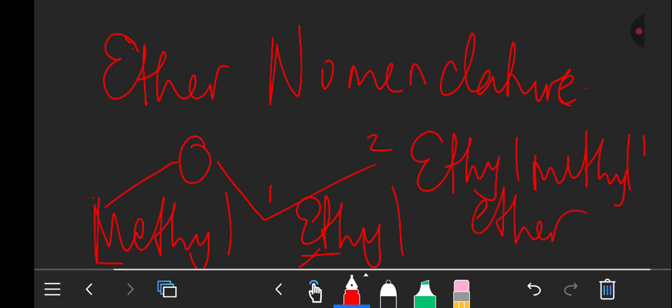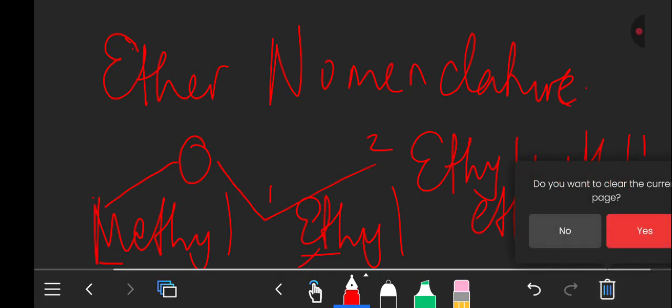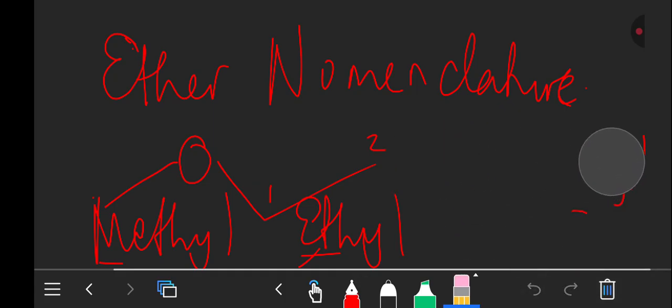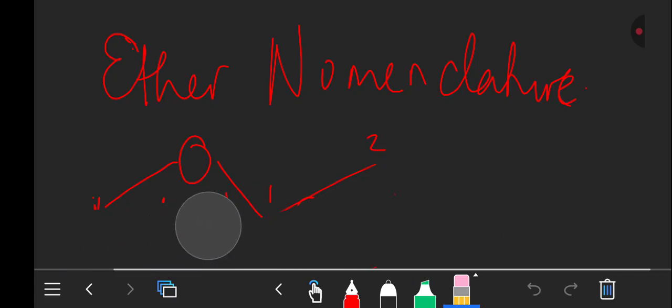Now let's look at the scientific name, or the systematic name, should I say. When you're dealing with the systematic name, you see this group here, this is a methoxy. Okay, this is the methoxy group, because when a methyl group is attached to oxygen, it forms a methoxy.